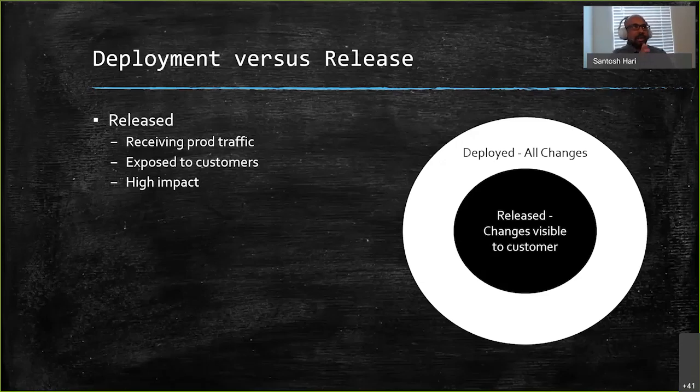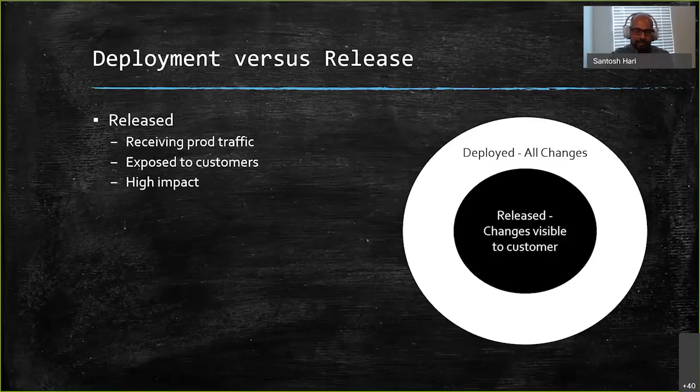So when we say a new feature is released, this means that production traffic is hitting the code for this new feature. So releasing is the process of pointing your production workflow to the code related to the new feature.